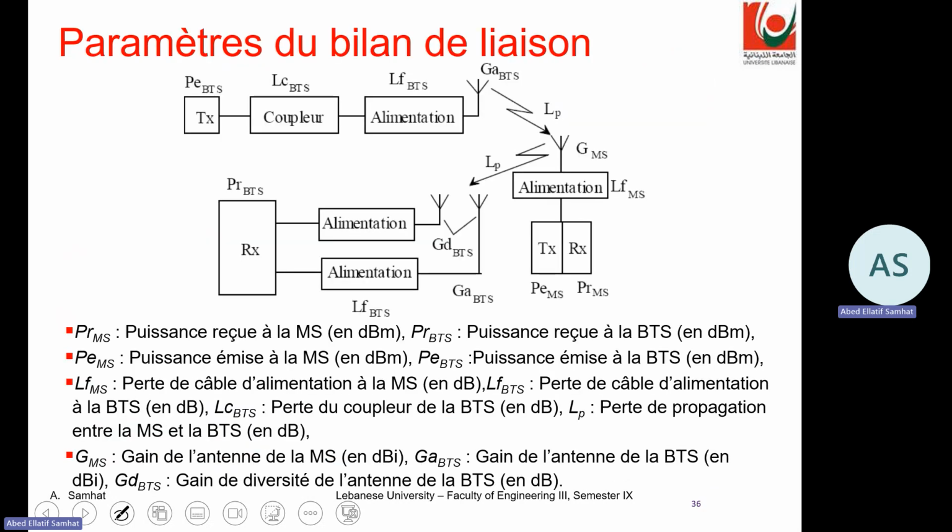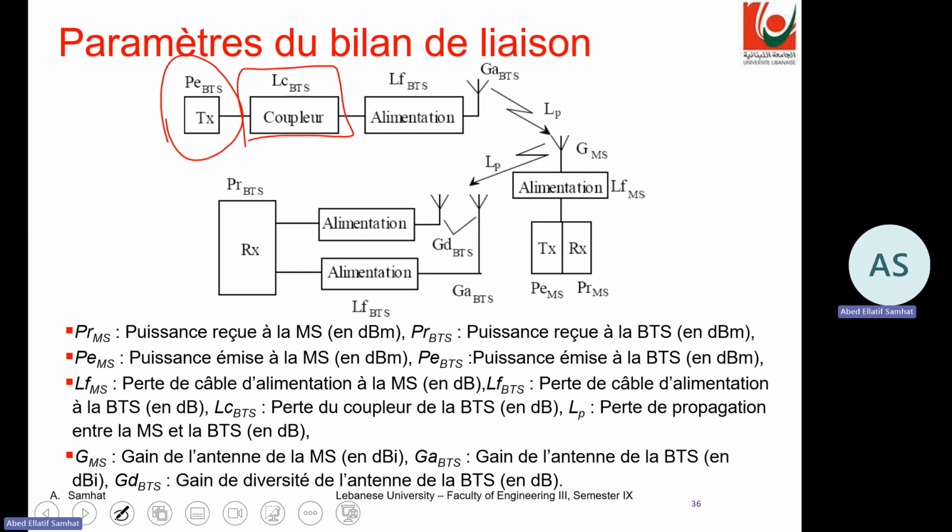So let's see what the different parameters are. Here, let's say that we have a power transmitted by the base station. We have a coupler to connect the transmitter to the antenna, so we have a loss due to the coupler.